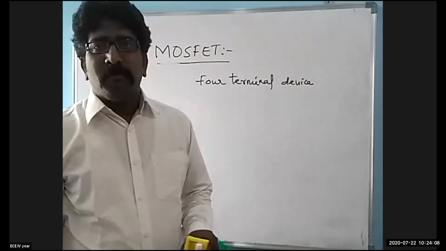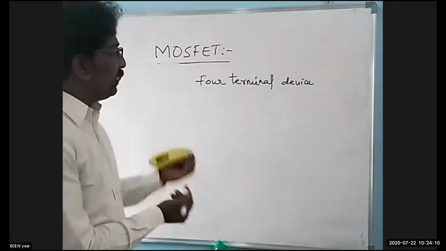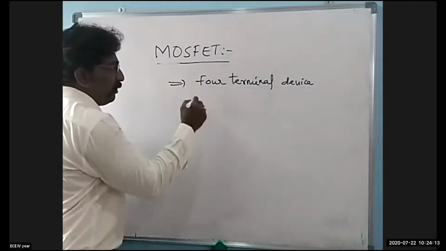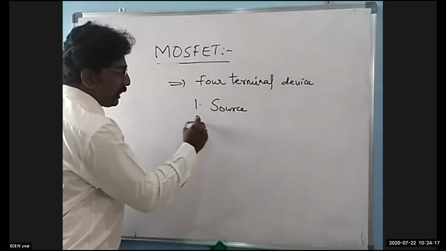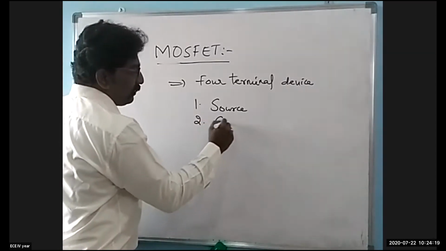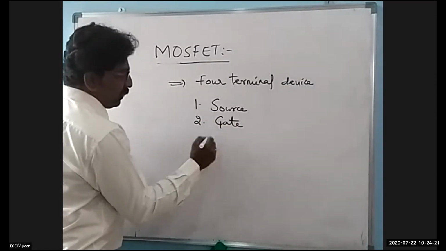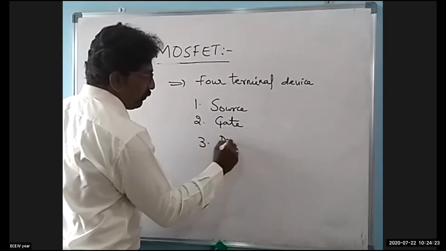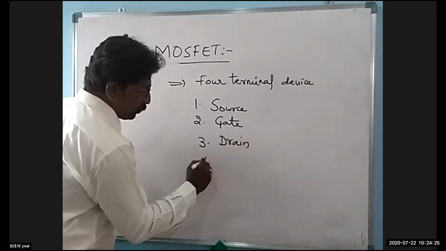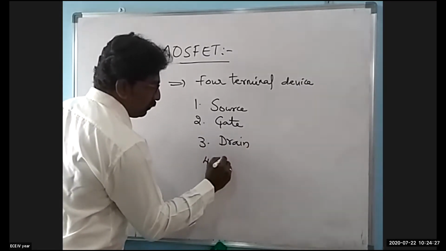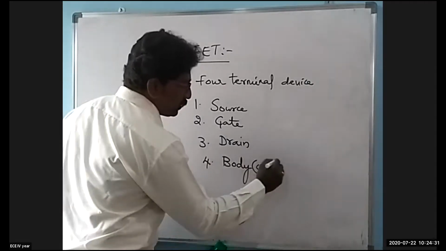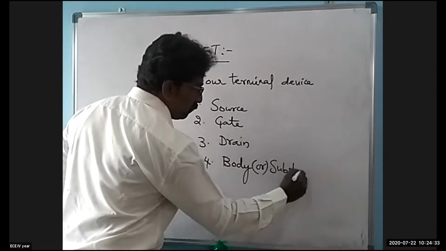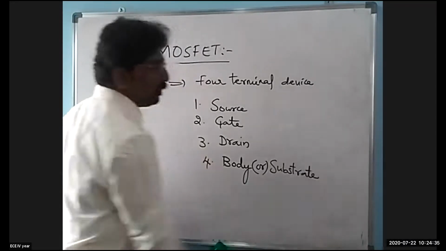But the MOSFET is a four-terminal device, and those terminals are: first one, source; second one, gate; and third one, drain. The fourth one is called the body, or the other name of this terminal is substrate. These are the four different terminals of a MOSFET.